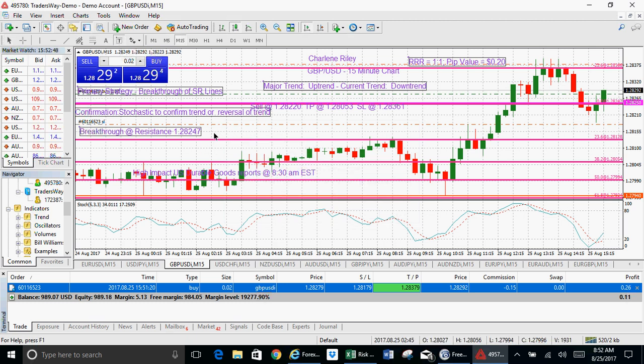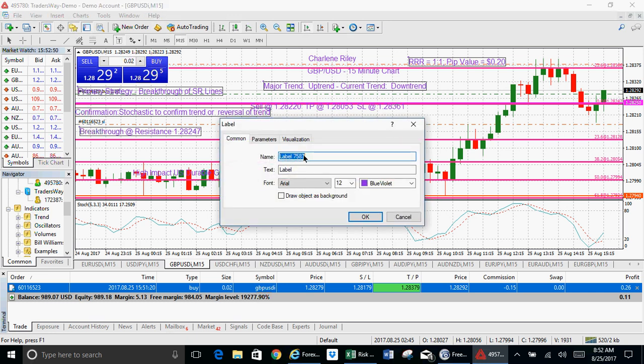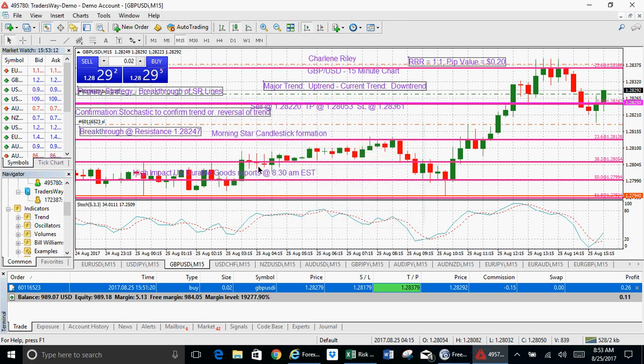We have a morning star candlestick formation.